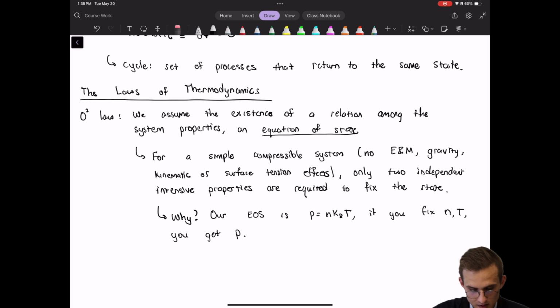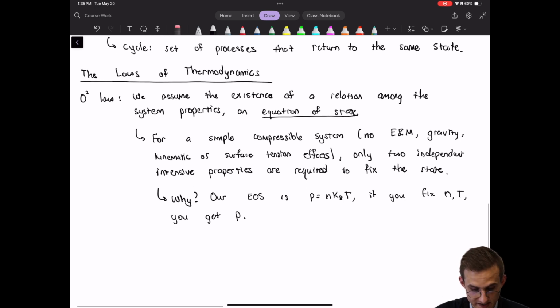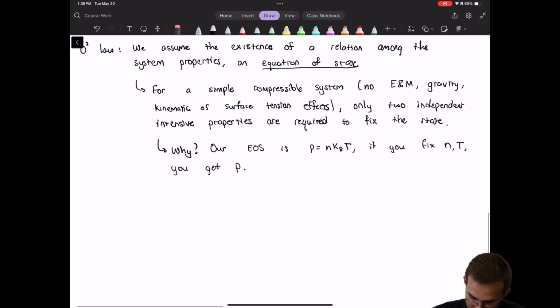There's no more room for variation in your equation of state. That's why those two independent intensive properties fix a simple compressible system. So that's a little bit of a digression about the zero squared law, but still an important assumption that we make.